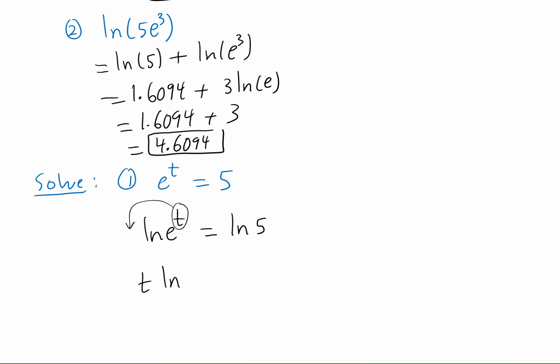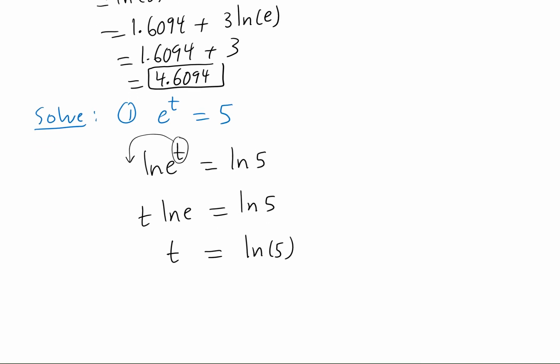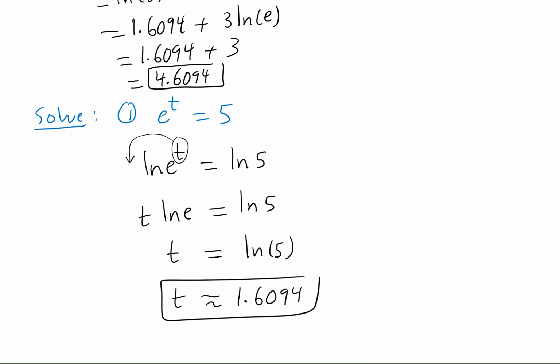So it becomes t natural log of e equals natural log of 5. But natural log of e is 1. So you get t equals natural log of 5. So t is about 1.6094.